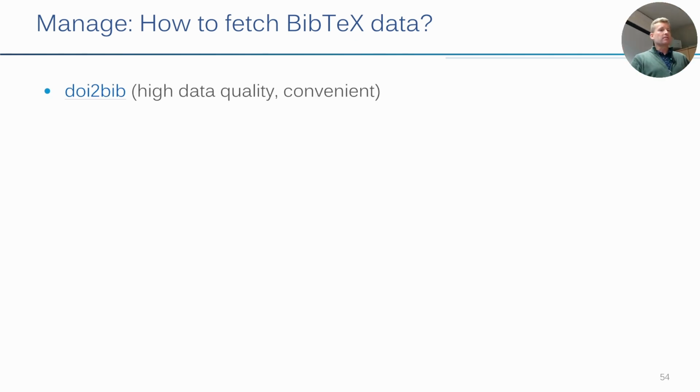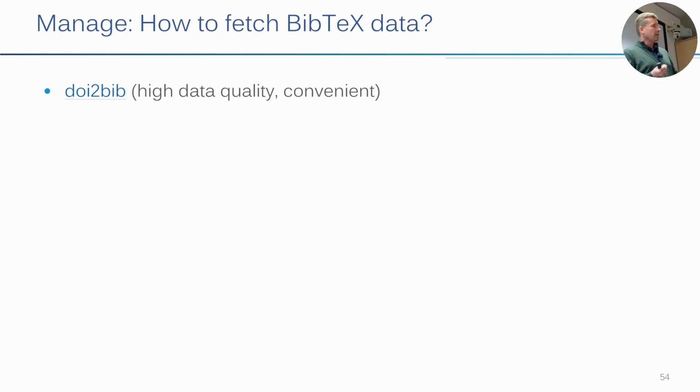What I recommend as a general approach is, if there is a DOI, everybody familiar with the DOI, Digital Object Identifier? What not all of you may know is there's a service associated with the DOI resolver that also provides metadata.